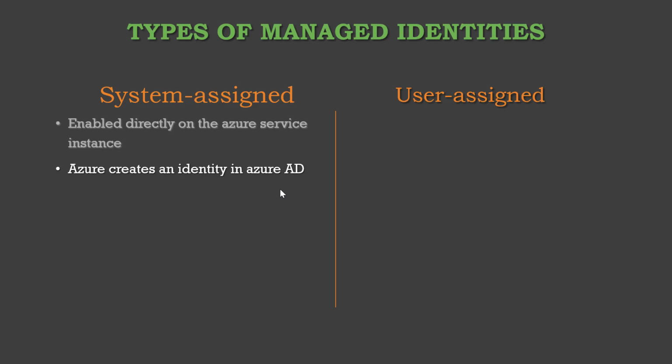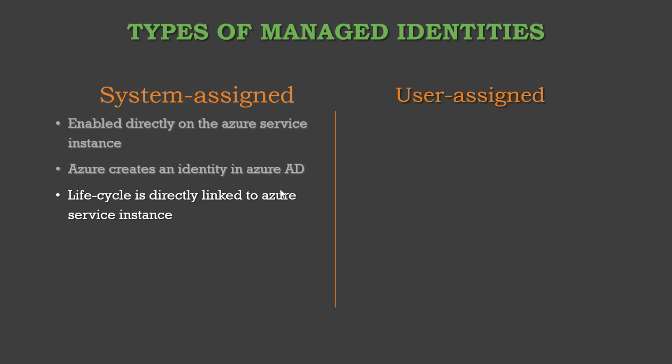So let's say I enable the MSI for virtual machine instance VM1, then a service principal will be created in Active Directory, and that particular service principal will be used for any communication between that instance and the target instance, right?